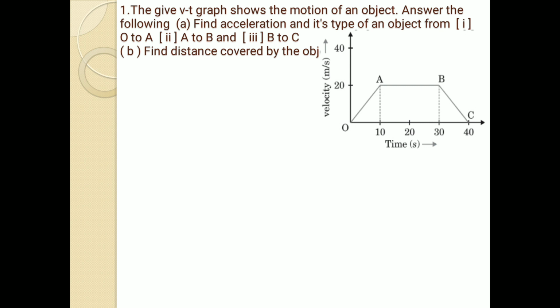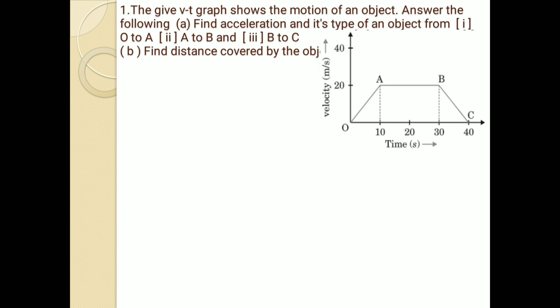From O to A, we have to find the acceleration and see which type of acceleration it is. Next, A to B, we have to find the acceleration and its type. B to C also, we have to find the type of acceleration and the acceleration. That is the first question.